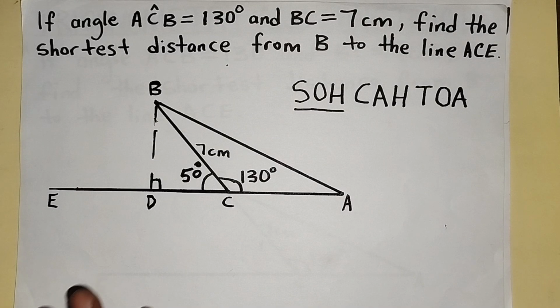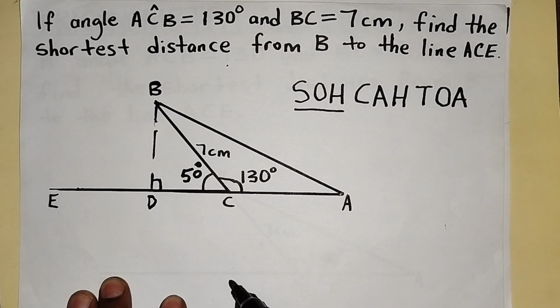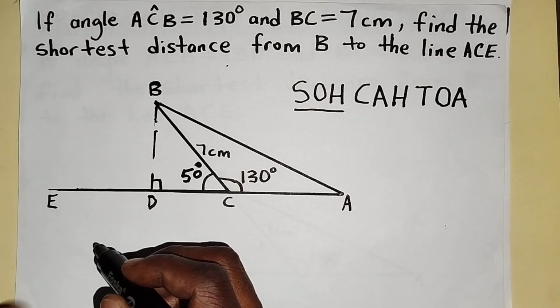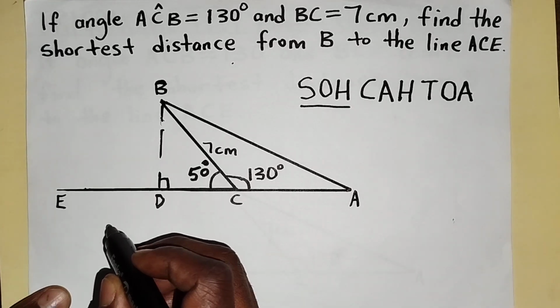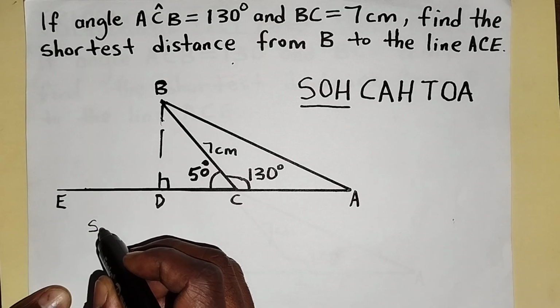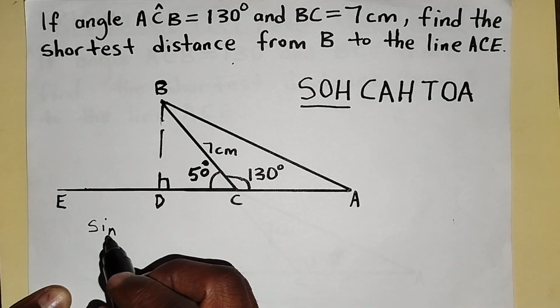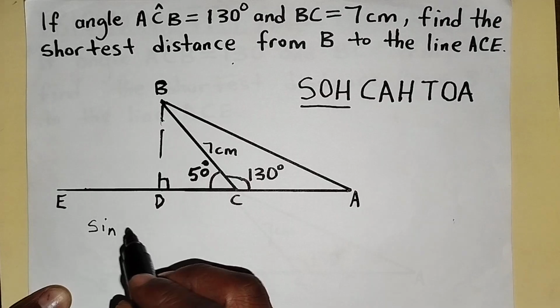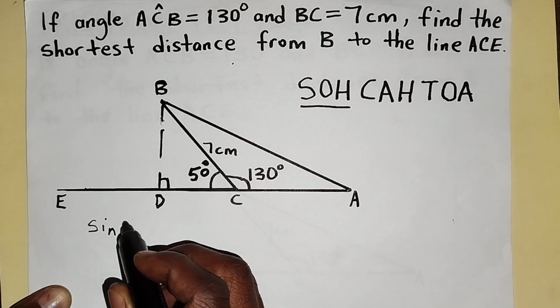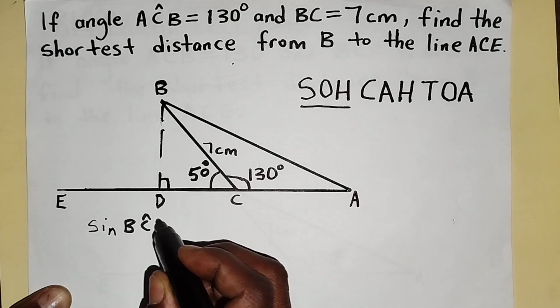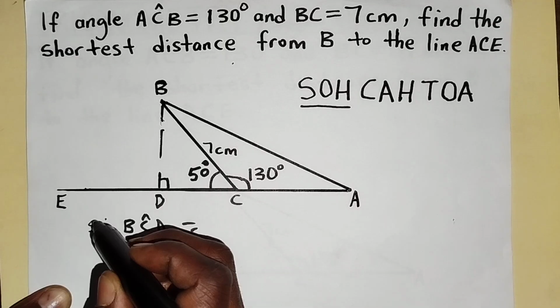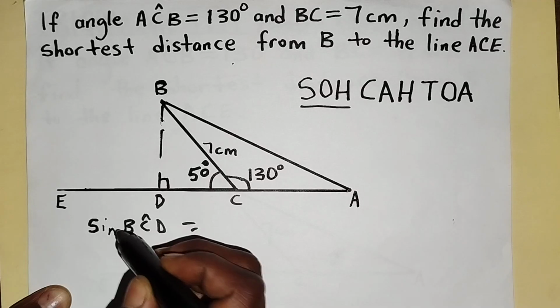Remember, my BD is now the opposite side, okay? So here, I will say sine of the angle, my angle is now this angle C, so let me call it BCD, okay?